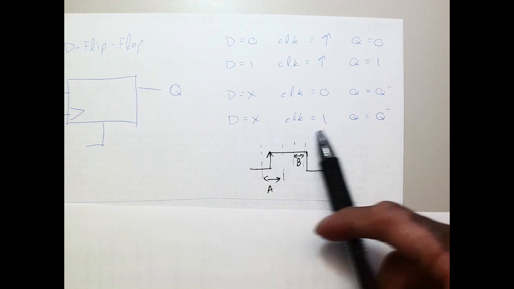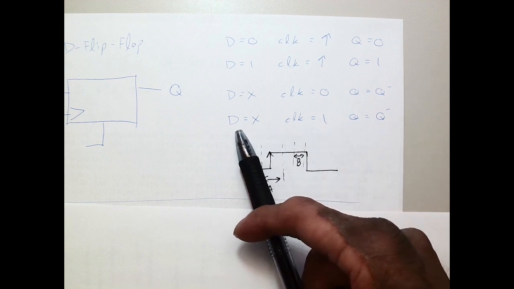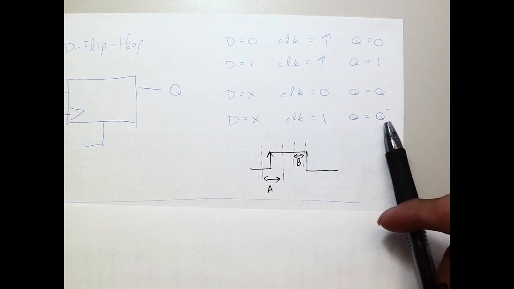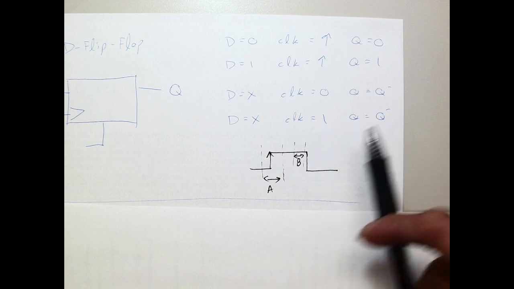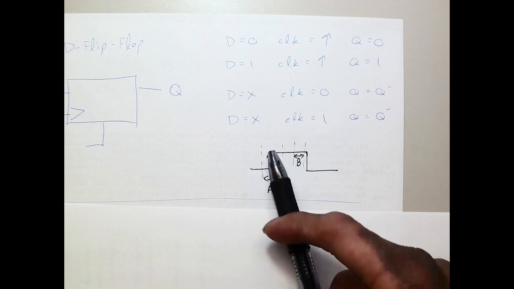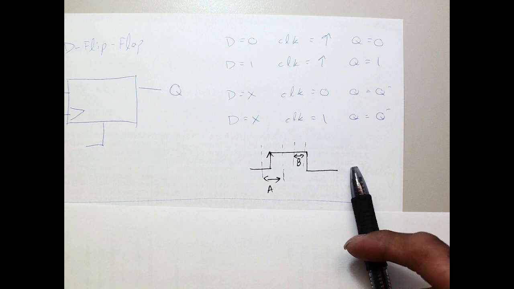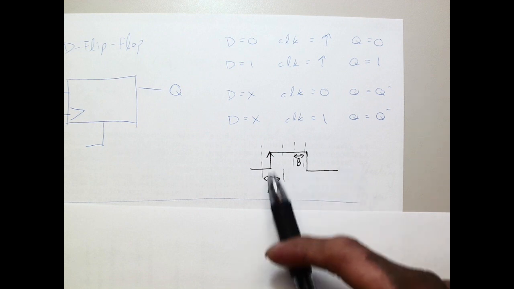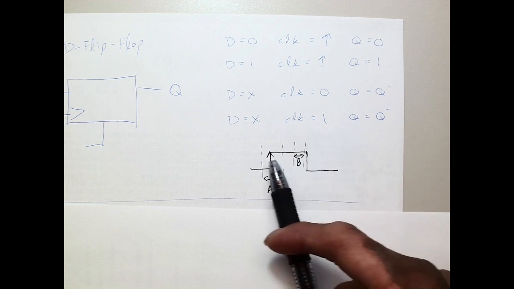Now, this is a little tricky to understand, but let's say my D is X and clock is 1. It's safe to say Q is still the previous value. The reason being, let's assume that this is my clock signal. You see it goes from 0, there's a rising edge, and then it falls down. You see there are two cases, case A and case B. In both cases, the value of clock is 1.